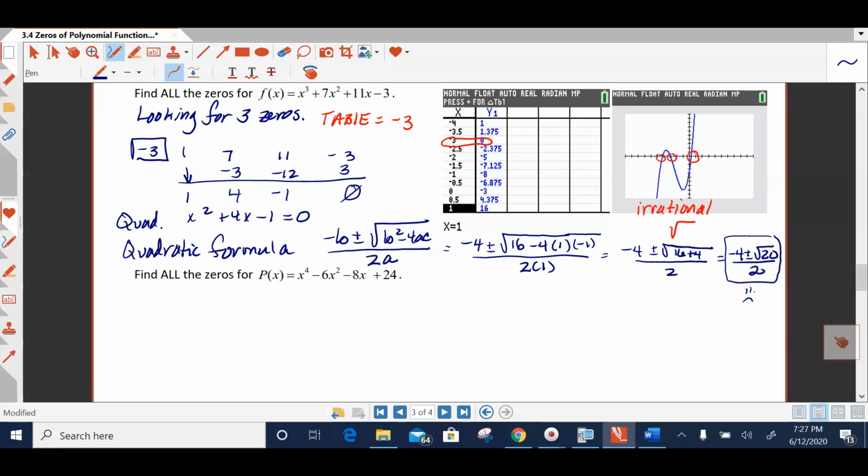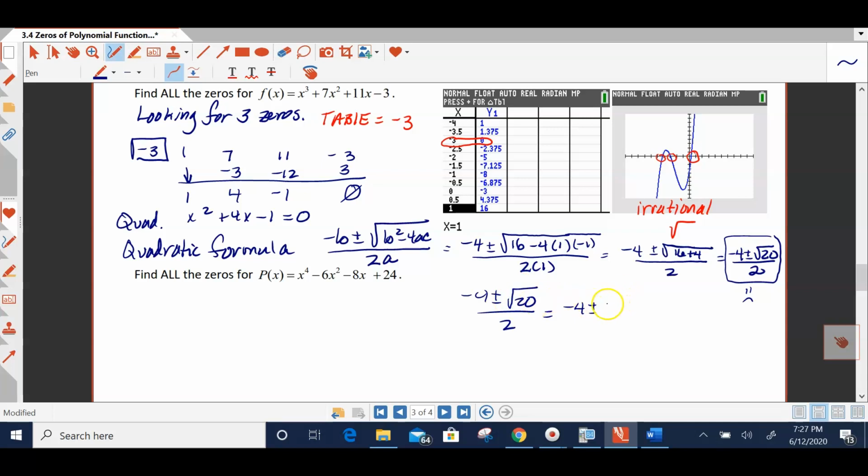I'm just going to take a little spot over here to intervene on this problem. Let's take -4 plus or minus the square root of 20 over 2, and let's simplify it. All that means is there is a hidden square inside that square root of 20, and we want to reduce that radical.